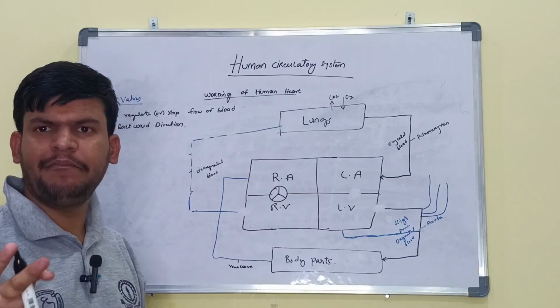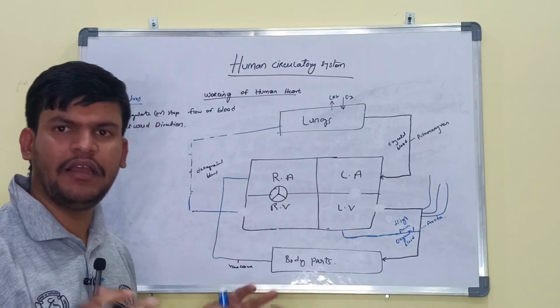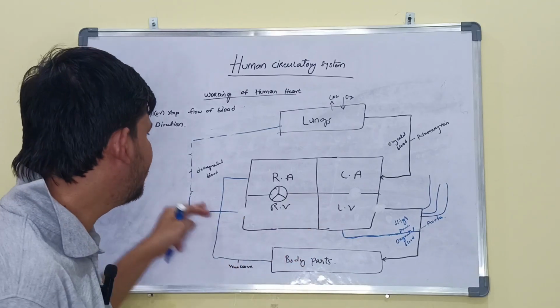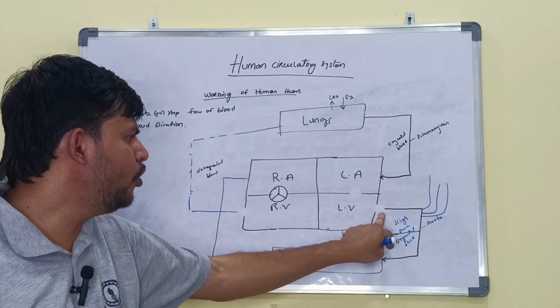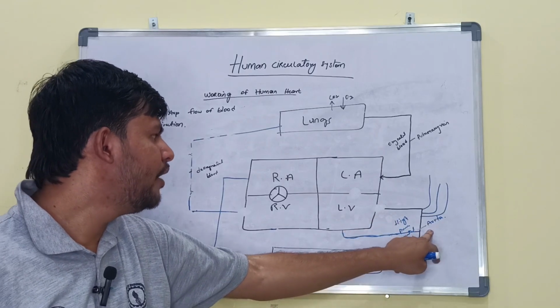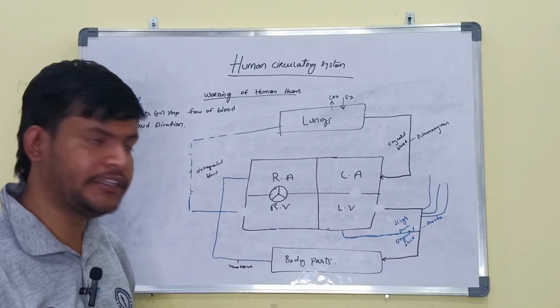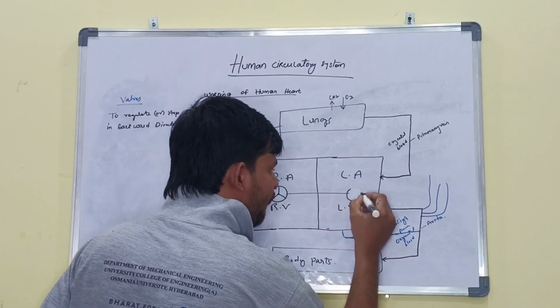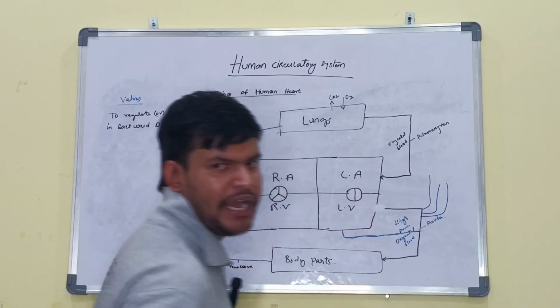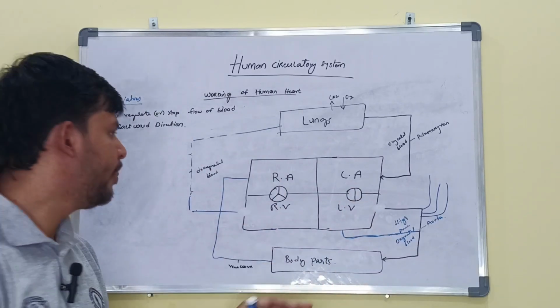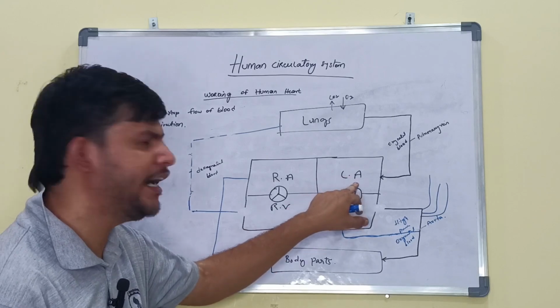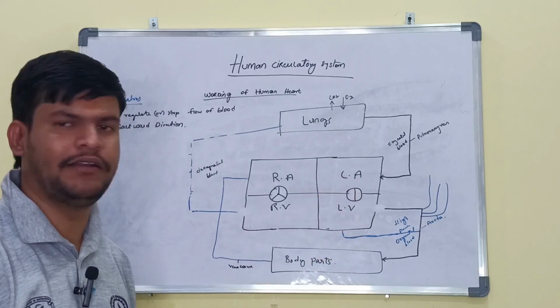In the same manner, when the heart contracts, the blood will be transported from the left ventricle to the body parts. Then another valve is situated, the bicuspid valve. It can open in only two directions, and is situated between the left auricle and left ventricle.